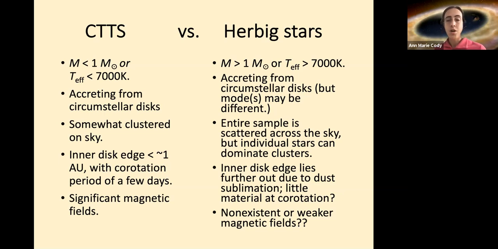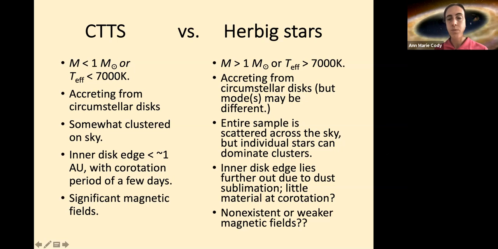These are hotter stars, and so the inner disk edge most likely lies further out because of dust sublimation. So it is hypothesized that there is little to no dust material at co-rotation, so you may not get the same fading events that we see in the low mass star dipper population.